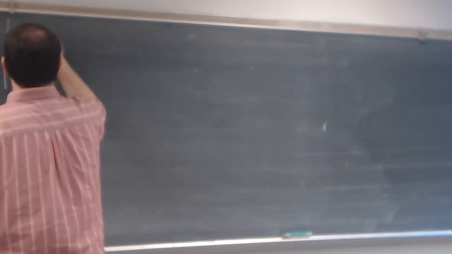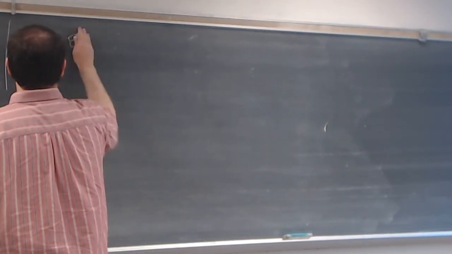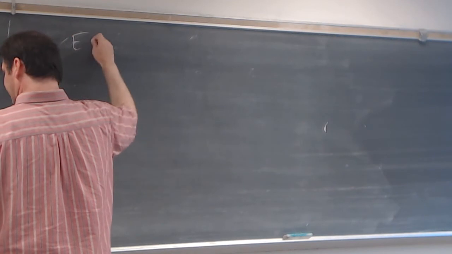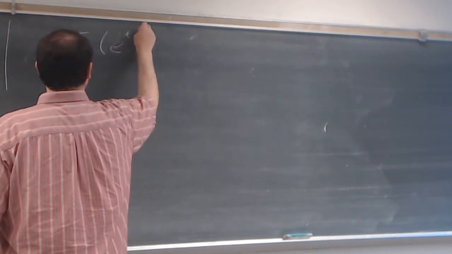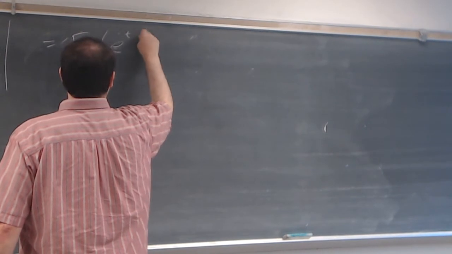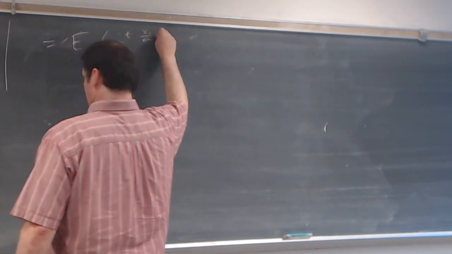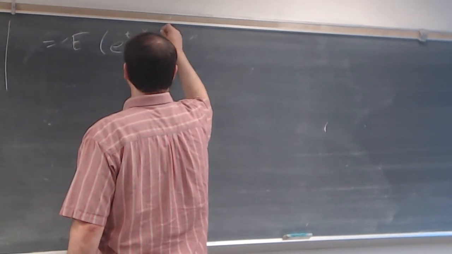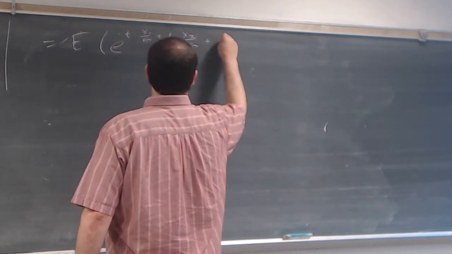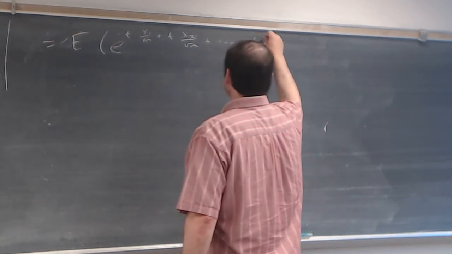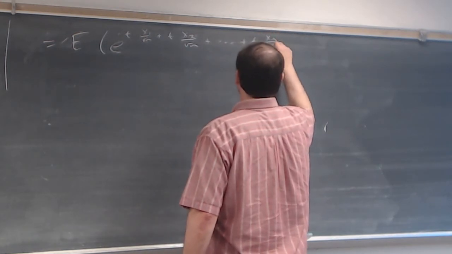And that's equal to the expected value of e to the t times x sub 1 over the square root of n, plus t times x sub 2 over the square root of n, plus, we keep going, up to t times x sub n over the square root of n.